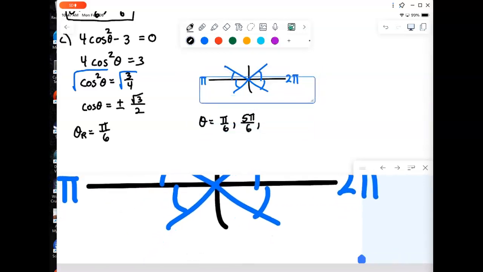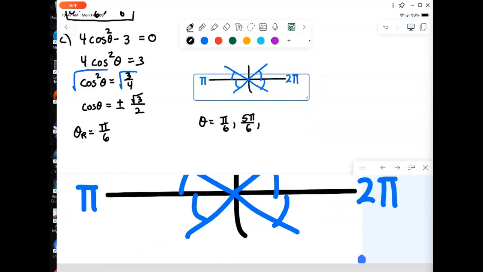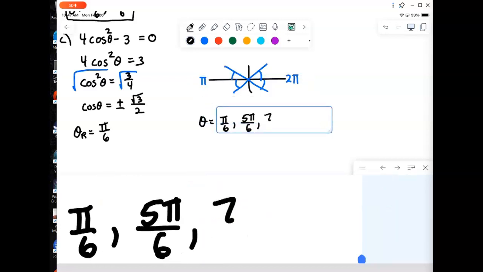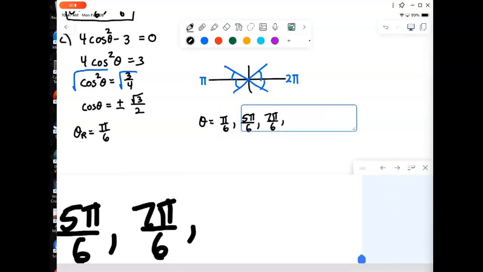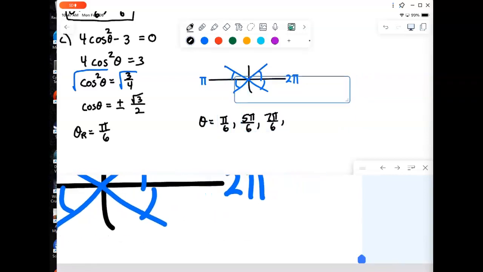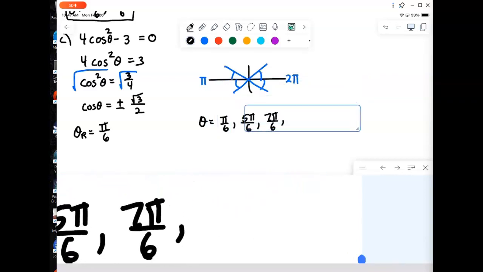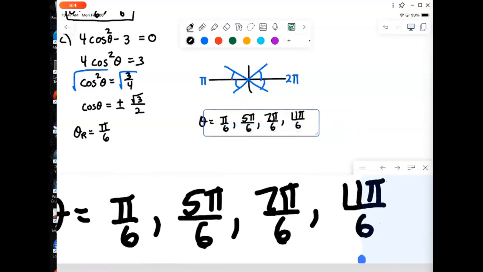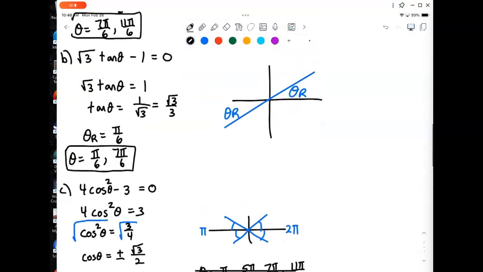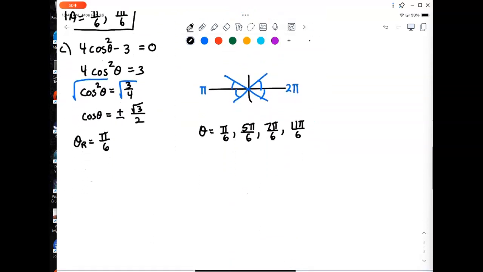Then we move to the third quadrant where we're that much past pi, so pi plus pi over 6, 1 plus 1/6, is 7 pi over 6. And then we continue on: 2 pi minus pi over 6, 2 minus 1/6, would be 11 pi over 6. So we get our 4 angles.